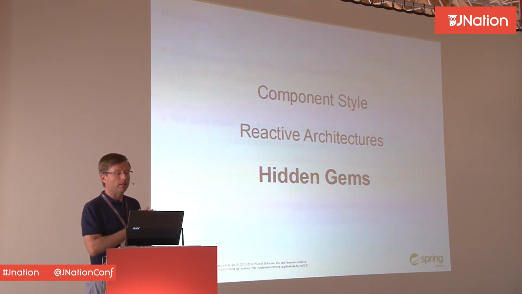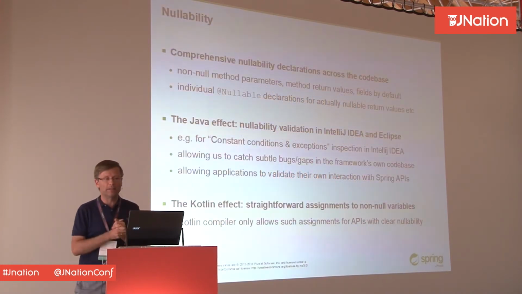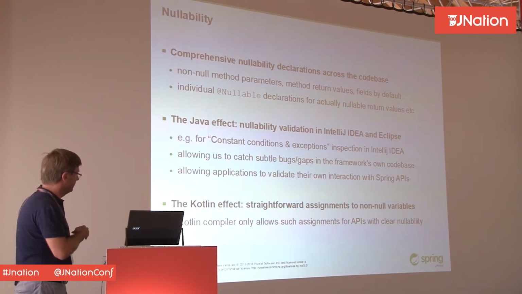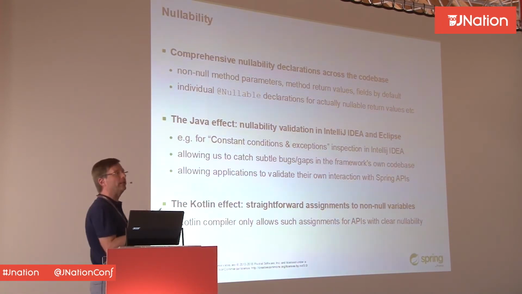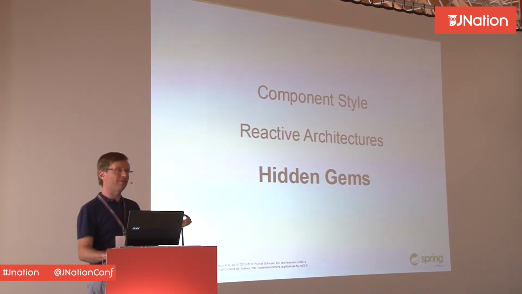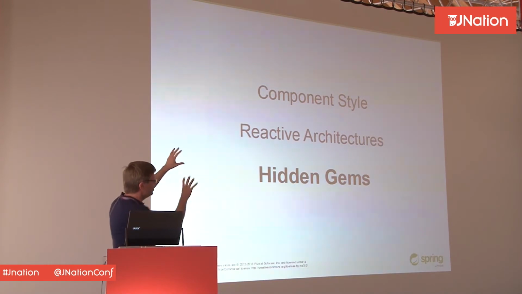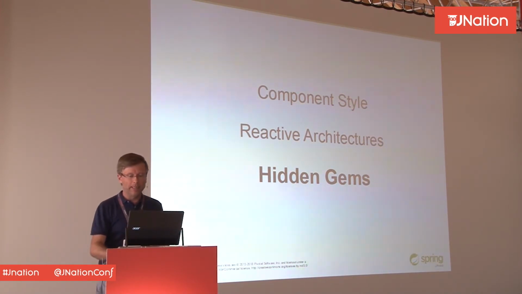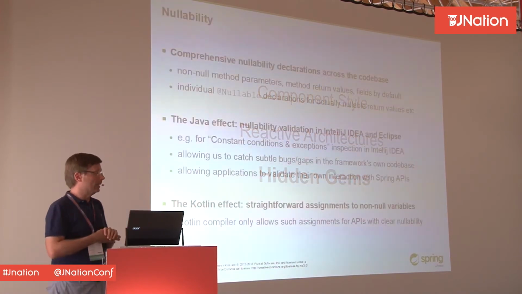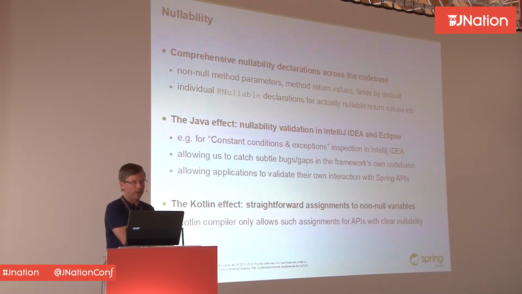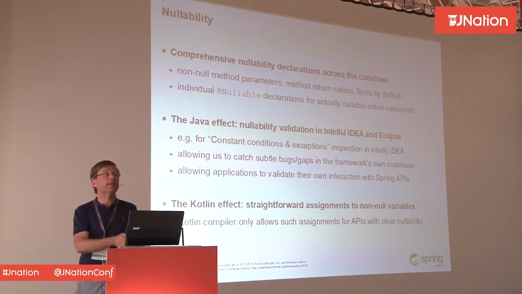Now, let me use my final few minutes for another change of topic, for very quick pointers. There's a few things that we have been doing in Spring Framework 5 that are kind of connected a little to some other efforts, but are perfectly individually usable and not mentioned that often. For example, we have a clean nullability arrangement throughout our entire code base.